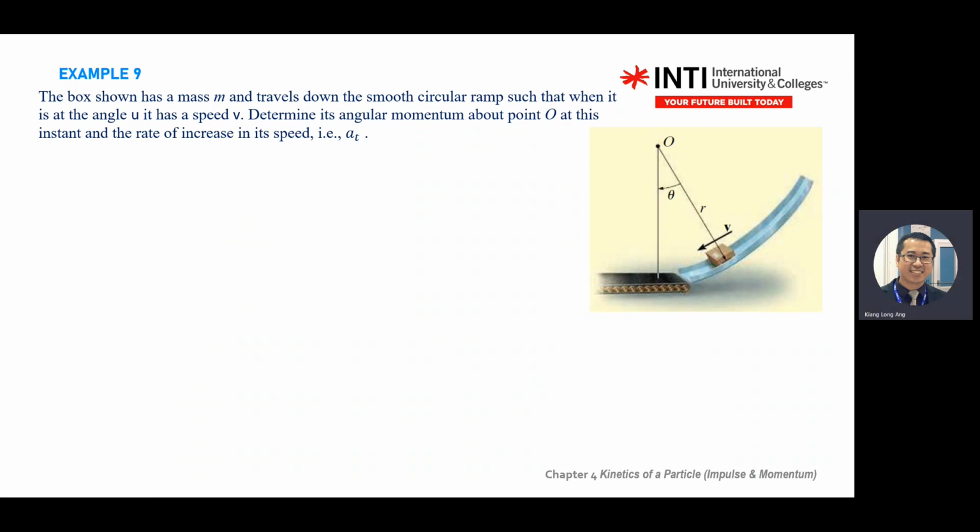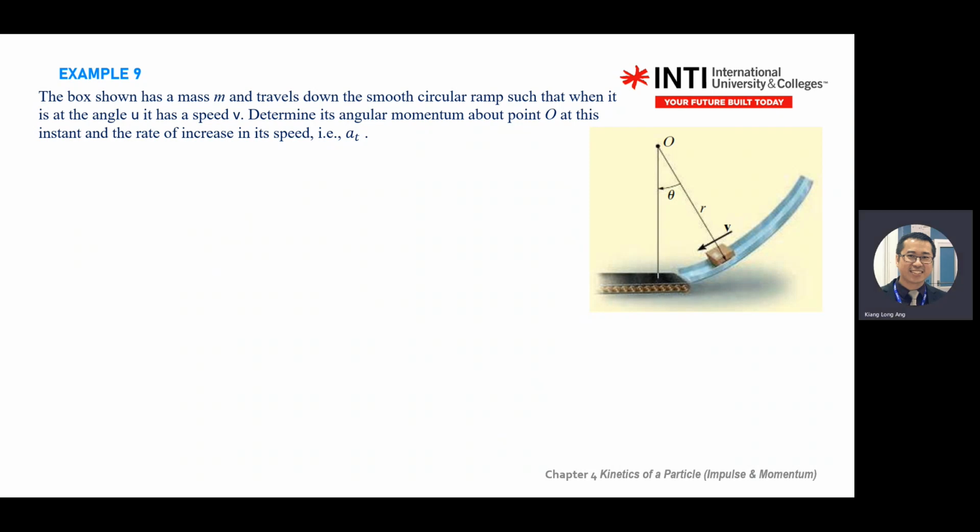There's no cable here, but I gave you the R of the curvature. So this is curvature motion, right? So straight away you draw what? Tangent, normal.